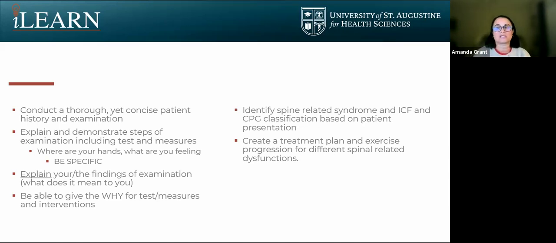You'll be needing to explain and demonstrate steps of your examination, including tests and measures. And in doing so, you're going to need to be able to talk about and explain where your hands are with the different techniques, what your hands are feeling with the different techniques.